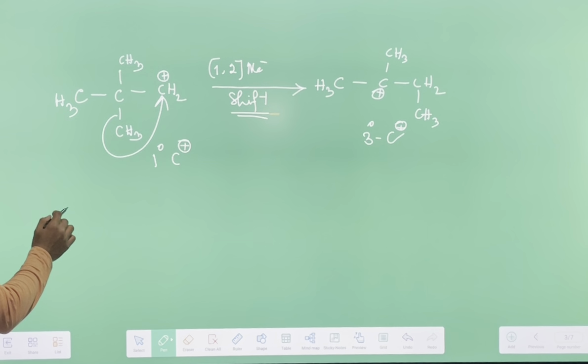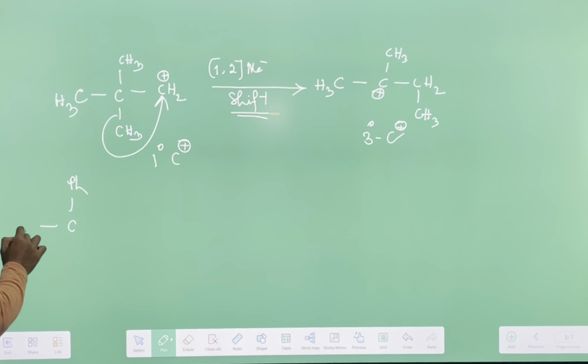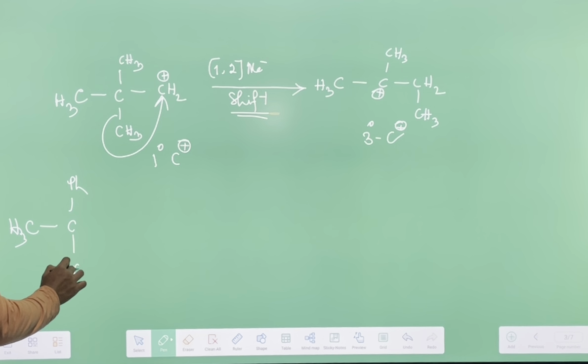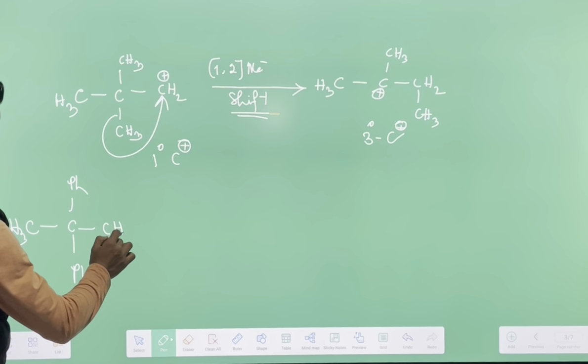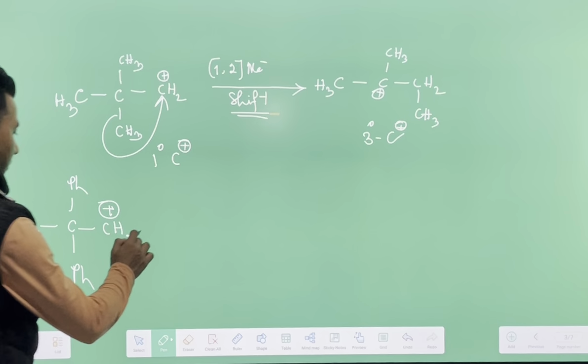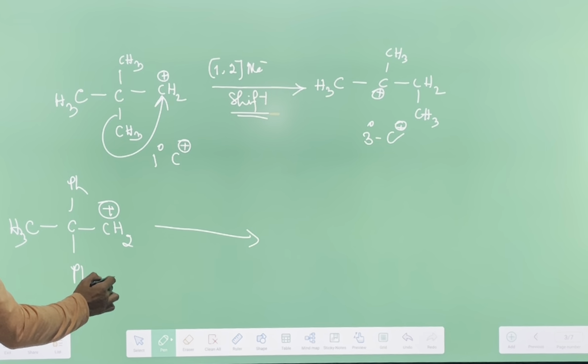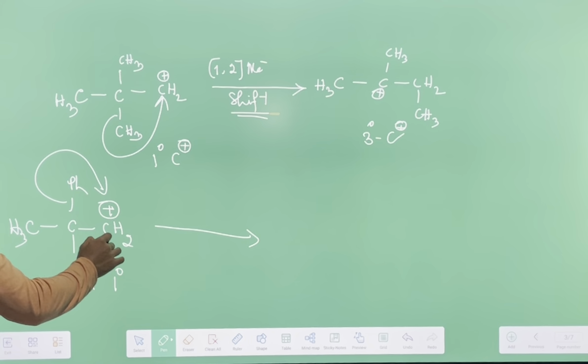And then let's take an example. This is a phenyl group, this is a methyl group, and this is a phenyl group, and this is CH2 carbocation. Same thing. This is also a primary carbocation, and we can shift the phenyl group to this electron deficient carbon atom.